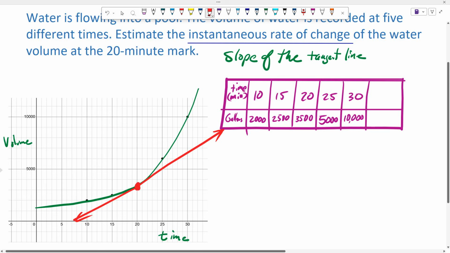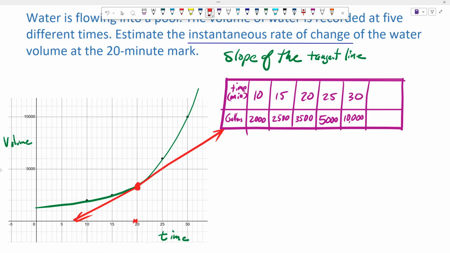Why can't we do what we did on Friday? Why can't we just pick values really, really close and find the average rate of change? It's asking for the instantaneous change.